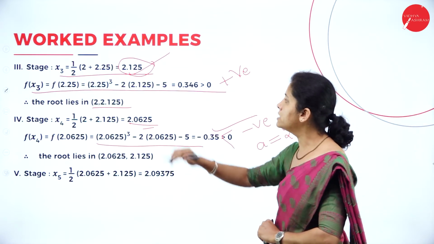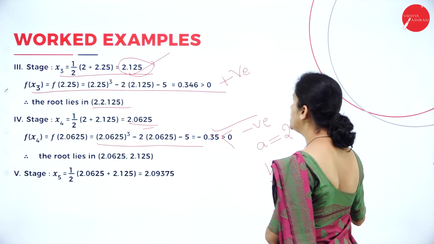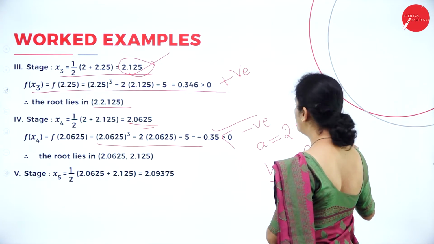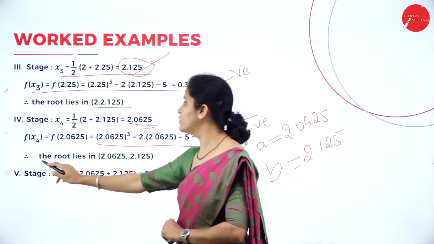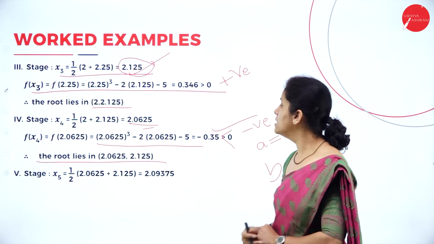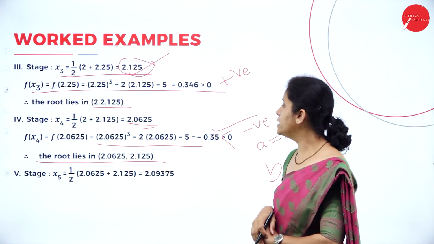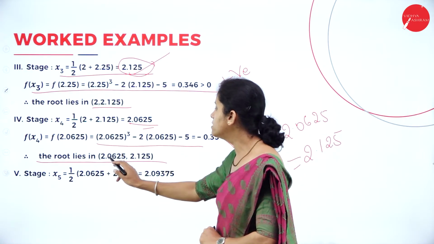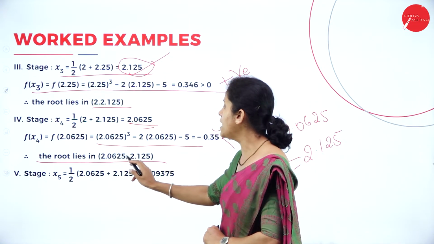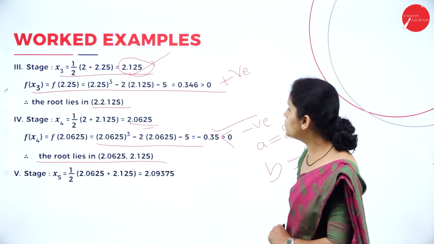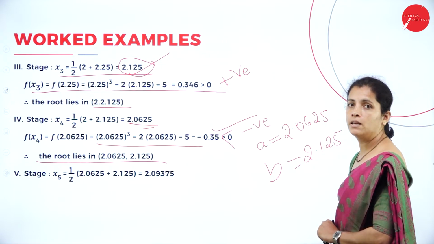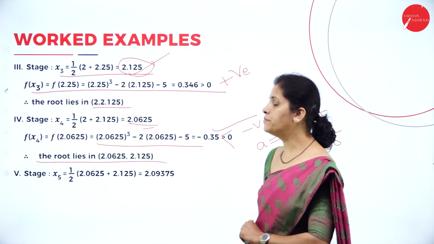B is my previous value, it is 2.125. So here I am going to write the conclusion that the root lies between 2.0625, 2.125. And in my next stage, that is the fifth stage.